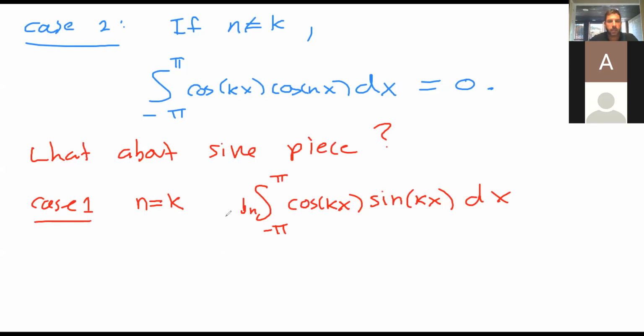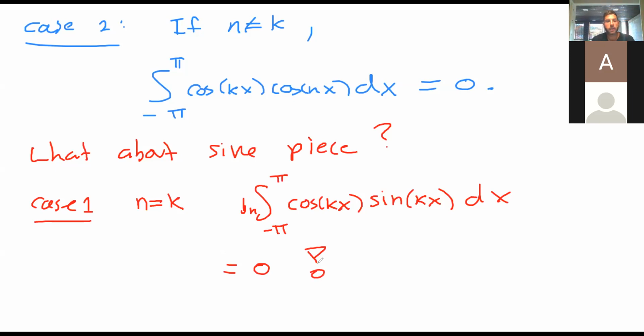Once again, this is a Calc 2 integral. If you use a trig identity, you can work this integral out. But once again, it's going to equal 0. You should work it out.